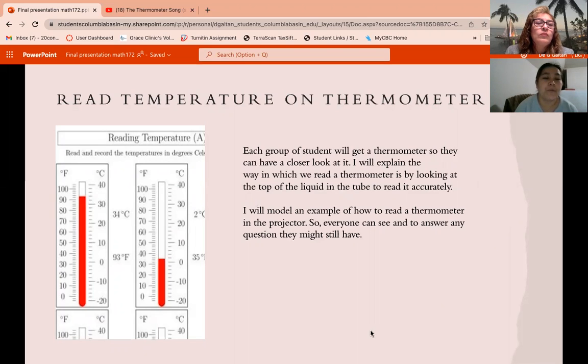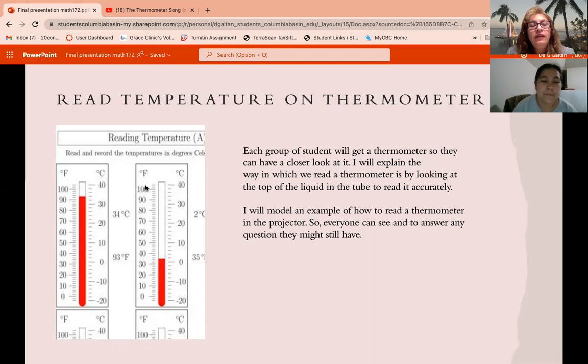So for example, over here, I have 93 Fahrenheit. Remember, we're on the side scale of the F, Fahrenheit. And then over here, we are in the Celsius, so it says we are at 34 Celsius. Yeah, so we can compare that with the other side, Ms. Espinosa.